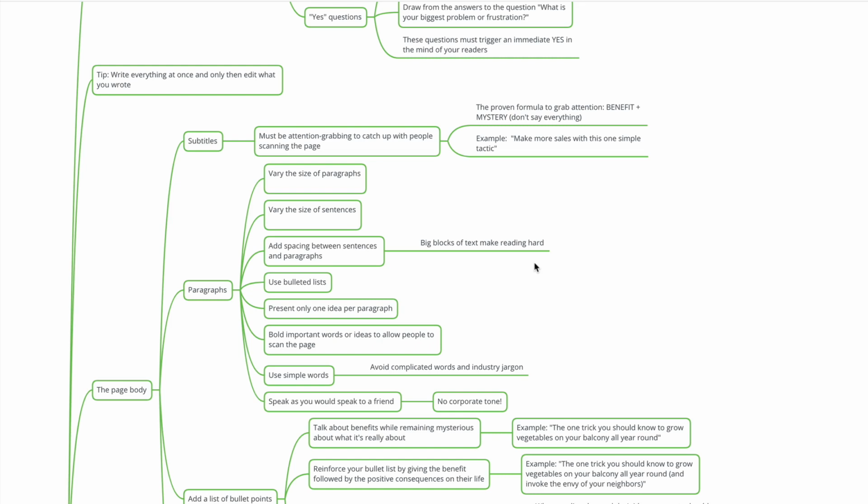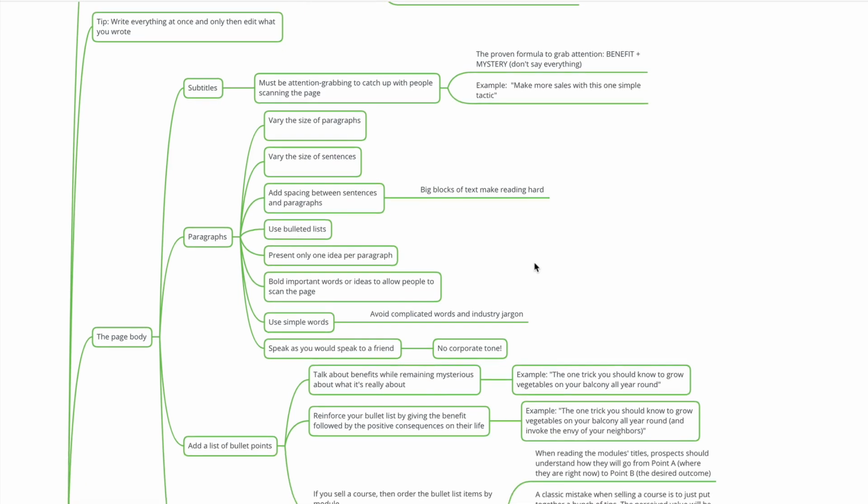It promises a benefit, which is making more sales, but you don't know exactly what it is. So someone scanning the page and interested in making more sales might catch on and start reading the copy by reading the paragraph that follows this sub-headline, okay?